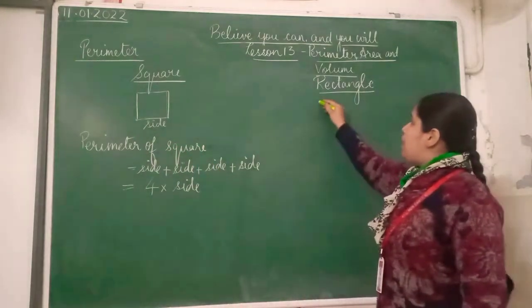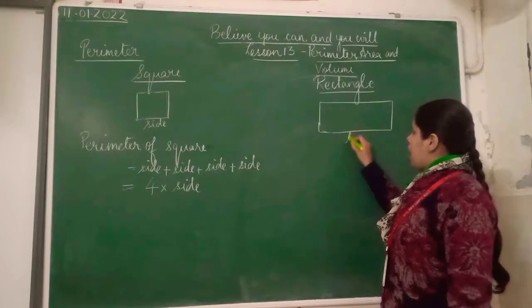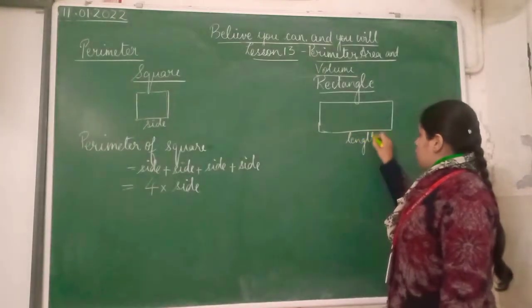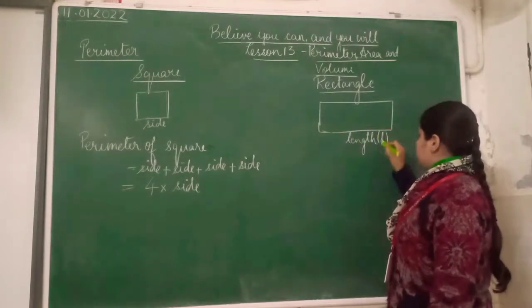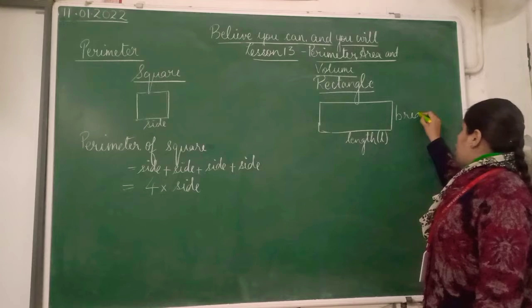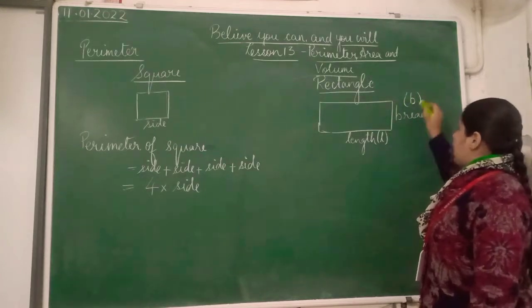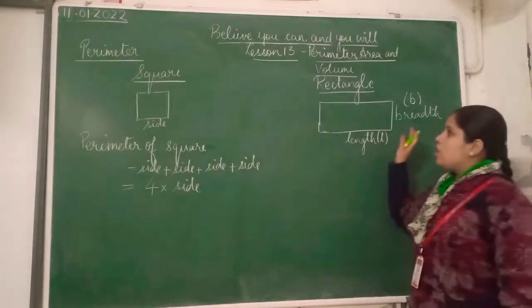Here if we talk about the rectangle, a rectangle has length, which I denote here as L. Then here this is the breadth, which I am denoting by B here.